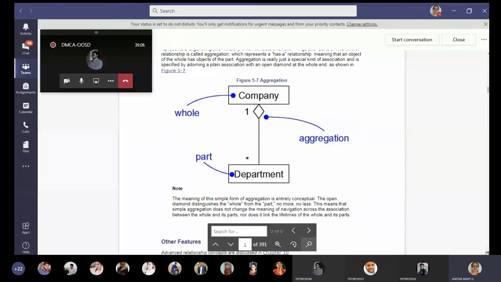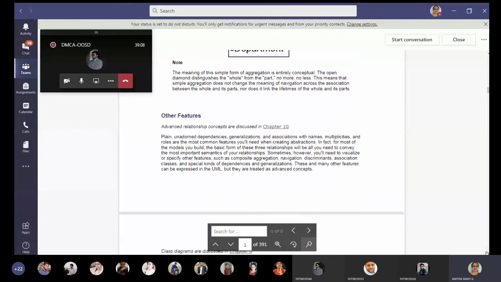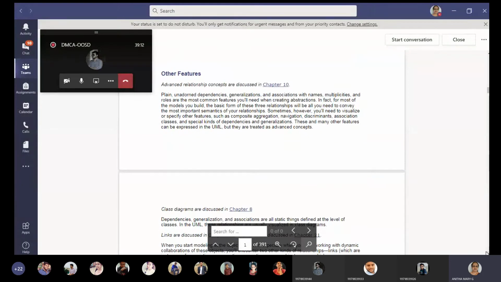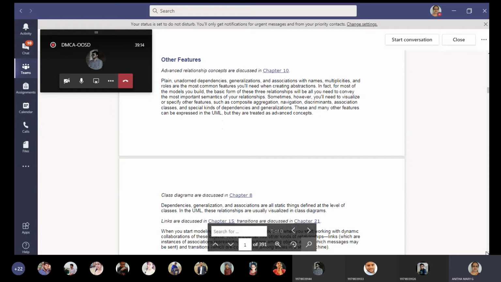So after that we have other features. Similarly, as we learnt in the classes chapter, where other features means the surroundings of that particular thing, classes, and we learned about advanced classes.